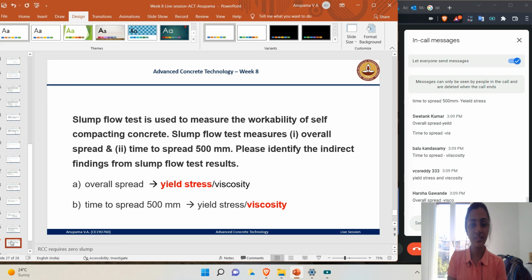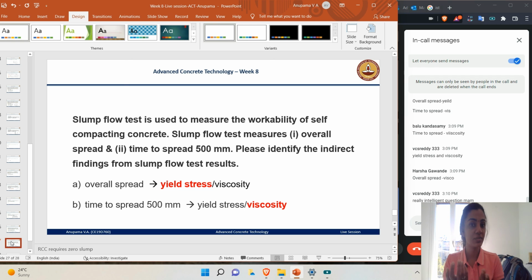No worries. So the correct answer is that the overall spread indicates yield stress, and the time to spread 500 mm indicates viscosity. It's very easy if you just think about it. If there is water and there is honey, honey is much more viscous than water, and suppose we don't know which is more viscous, then what can we do? We can take equal amounts of honey and water and make them flow through a surface at the same time from the same point. To reach a particular distance, how much time does it take?